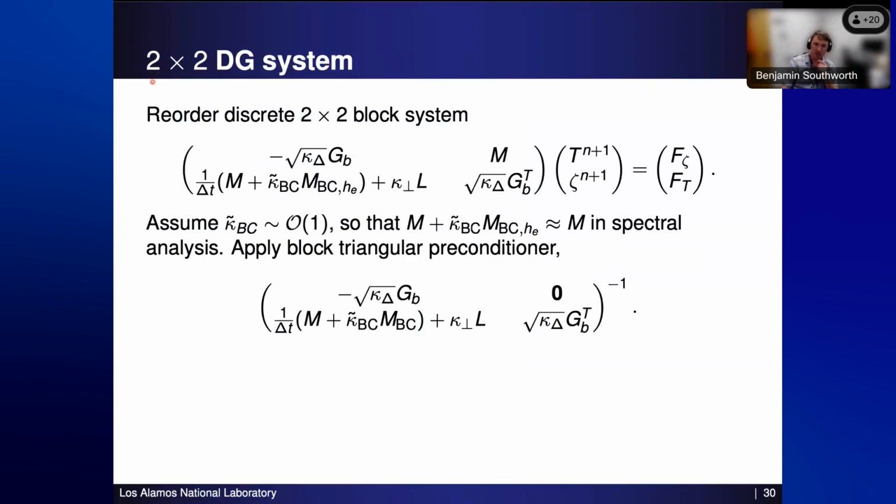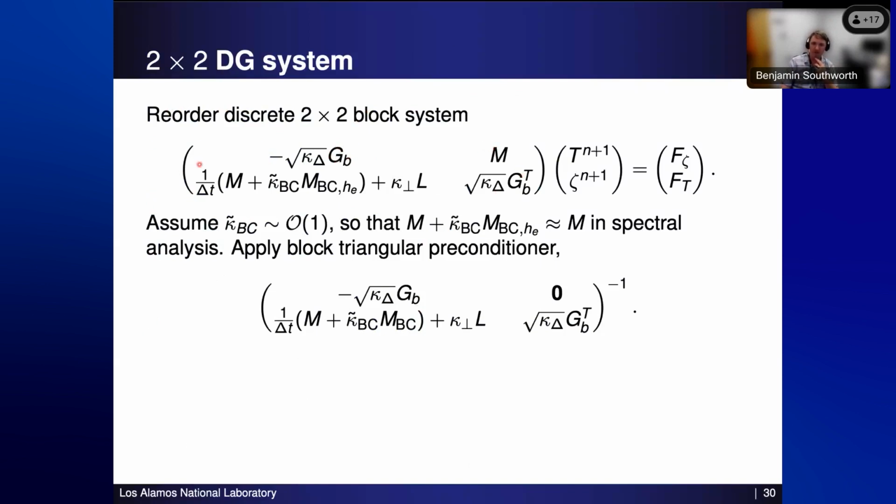So if we go to DG, now we're a 2x2 DG system, and again, we reorder it. And so this is after discretization, so I've replaced the differential operators with letters indicating the matrices in our weak forms. And so we've reordered, so we have the transport, these scaled GB and GB transpose, those are on the diagonal. And on the off diagonal, we have this mass matrix coupling up here.